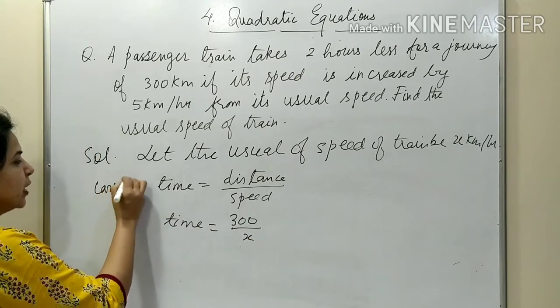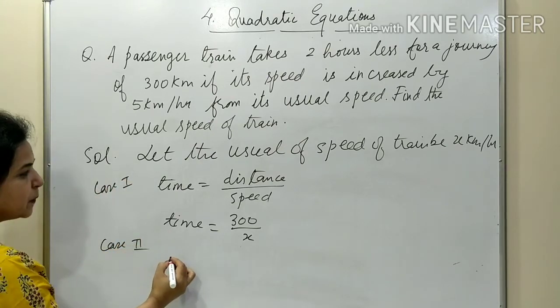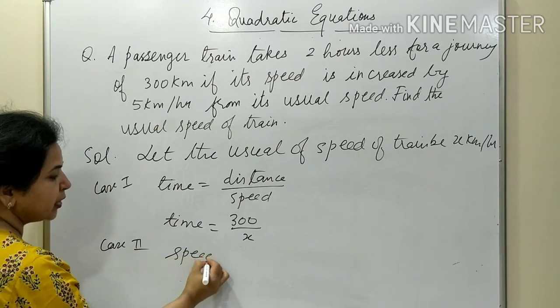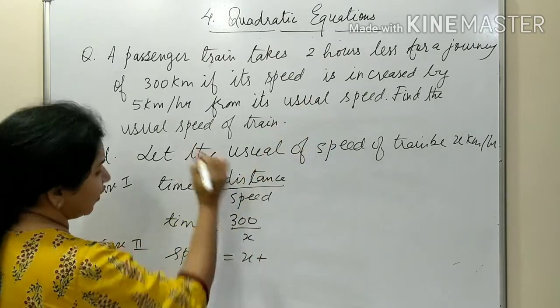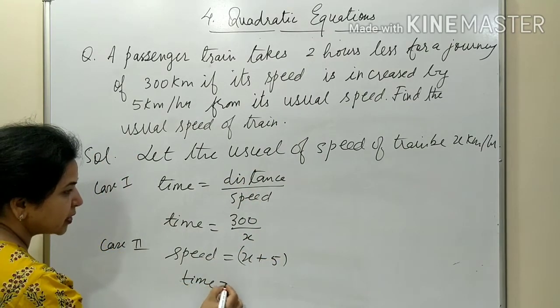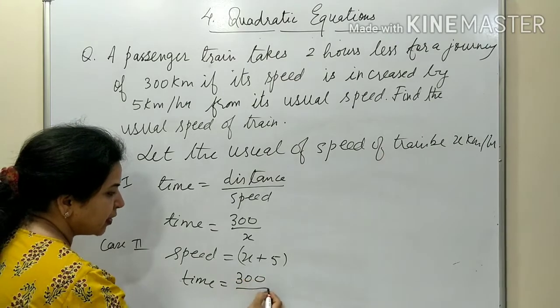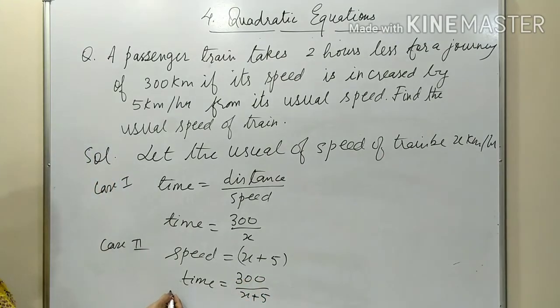This is for case 1. Now for case 2, when the speed is increased by 5 km per hour, what is the time in this case? The distance is the same, 300, so distance upon speed is 300 by x plus 5.